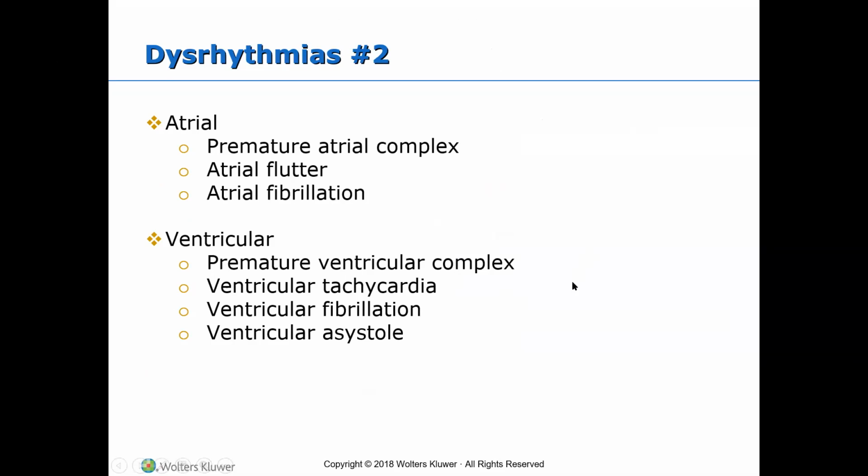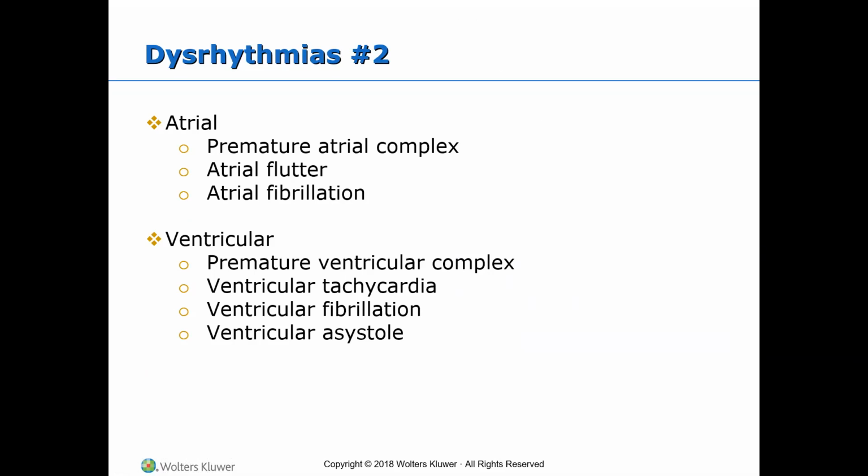We'll talk about ventricular a little bit later. You have PVCs. If you ever have like a little hiccup in your heart, you probably have had a PVC. There are medications that can cause that. And sometimes everybody just has PVCs. It really can happen just out of the blue.